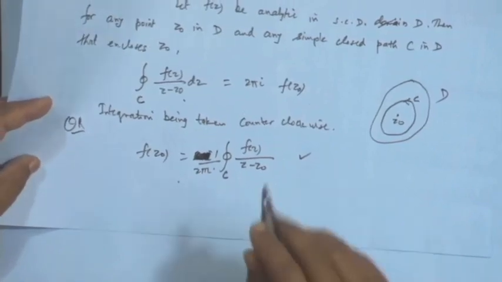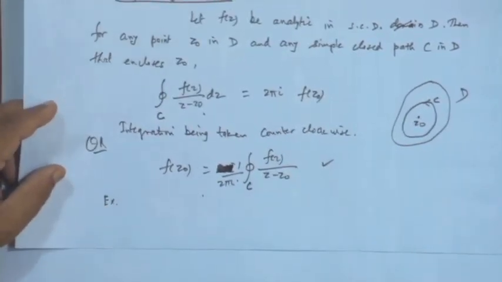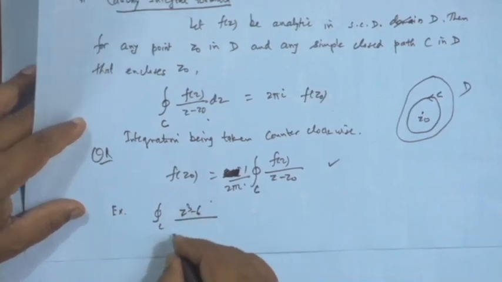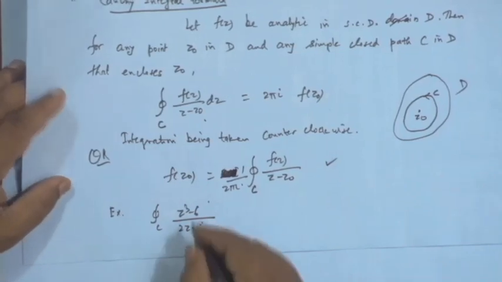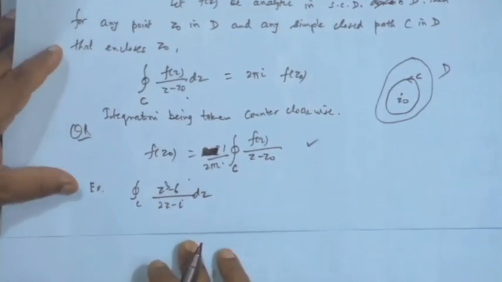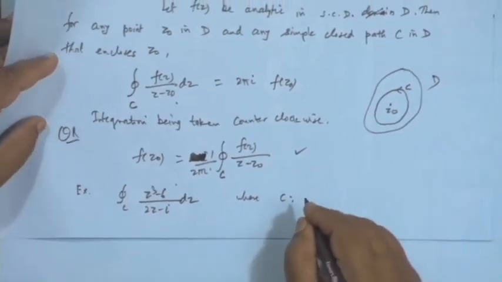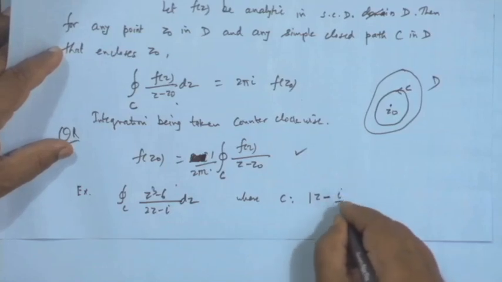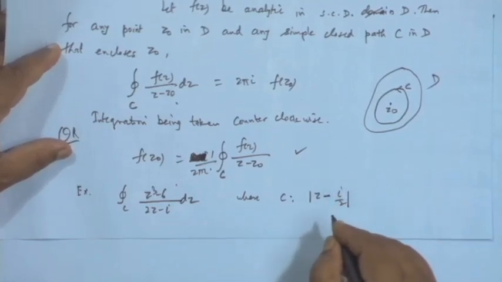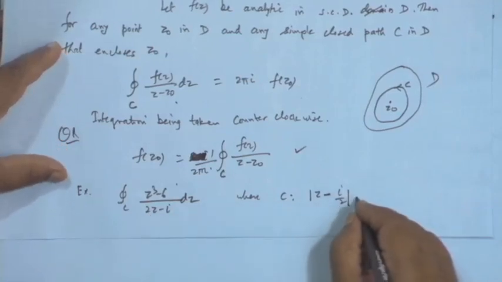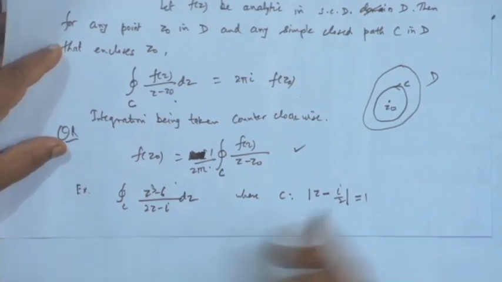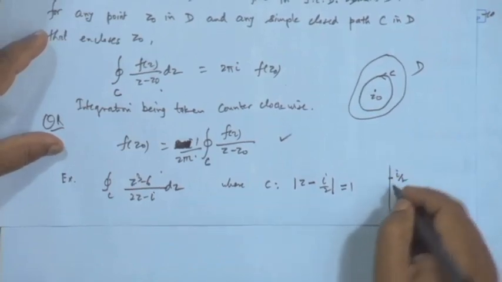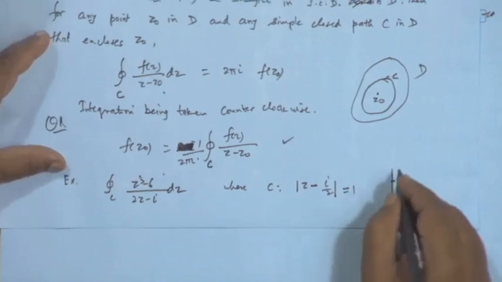Suppose we wanted to calculate the integral of the function z cube minus 6 over 2 z minus I, where C is the circle mod z minus I by 2 equals 1. The point z naught is inside the circle, centered at I by 2 with radius 1.